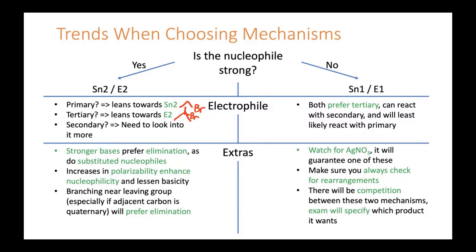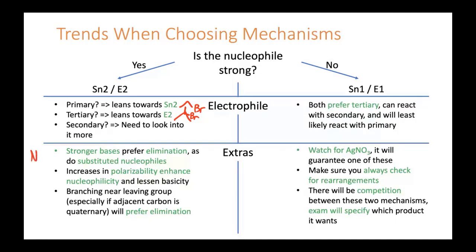So if we have a secondary electrophile, we know that stronger bases prefer eliminations, as do bulky nucleophiles. So if we have a bulky nucleophile, we will be leaning more toward the elimination product if we have a secondary. And then also stronger bases. Usually we'll see our bases in that first period.